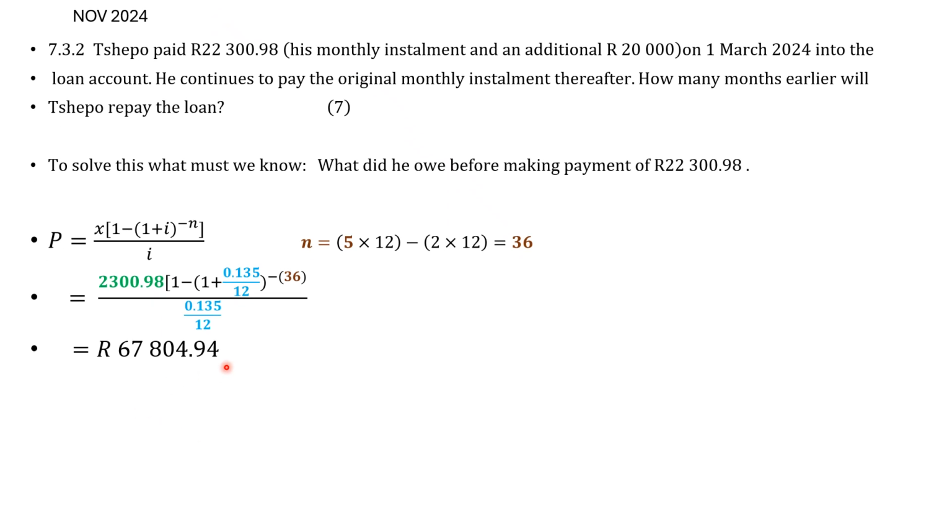That gives me a total of 67,804 Rand and 94 cents. So by the time he decides to make an extra deposit of 20,000, that is what he owed us, and his installment of 2,398 Rand is included in that.